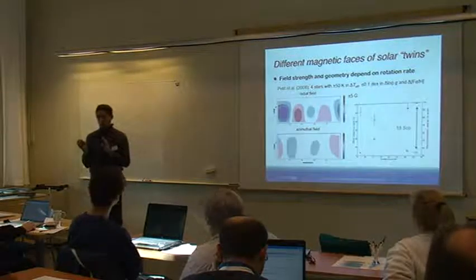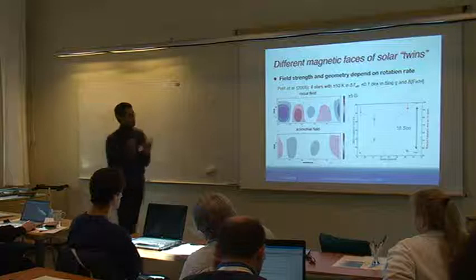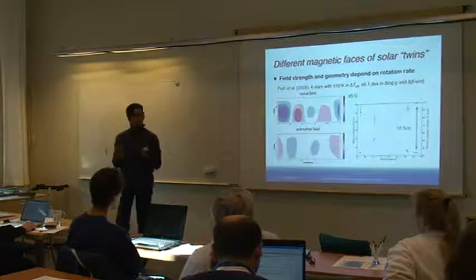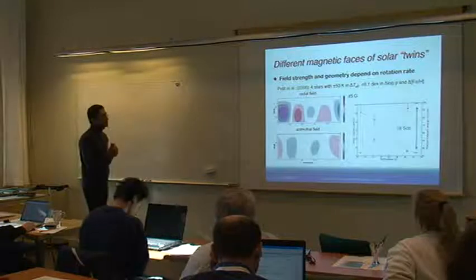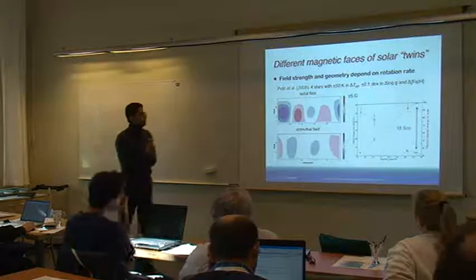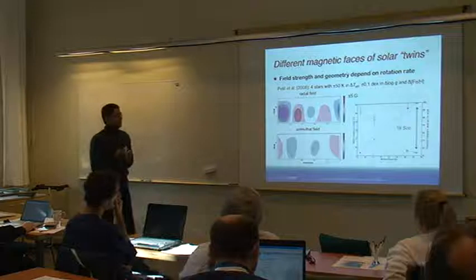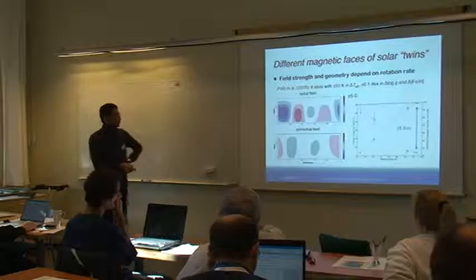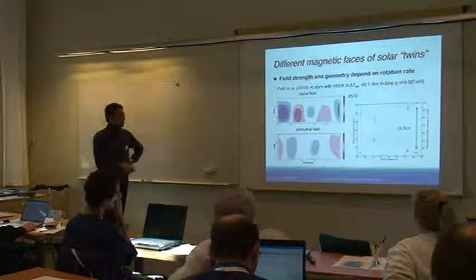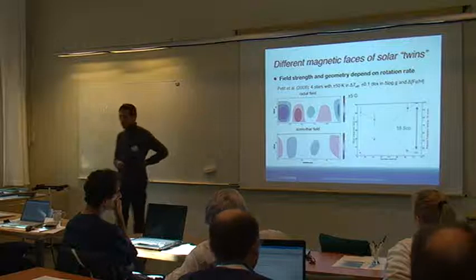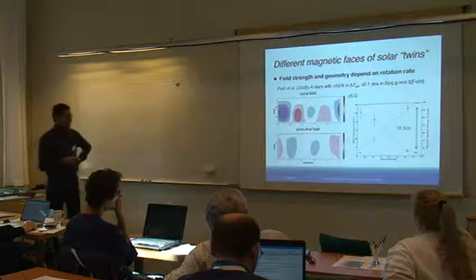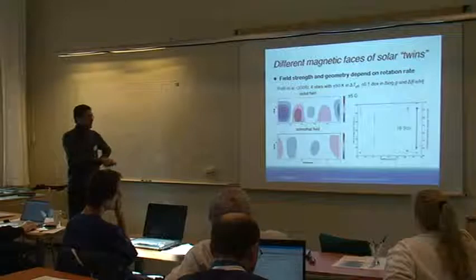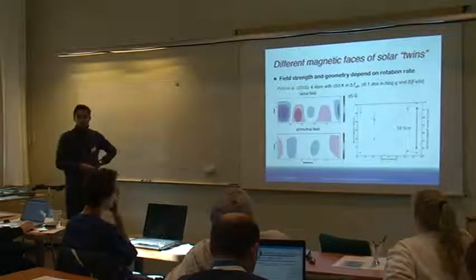That is, stars which are very close in parameters to the Sun, like temperature within 50 K and log g within 0.1 dex and similar metallicity. This is, for instance, the radial and azimuthal field reconstructed for a well-known solar twin, 18 Scorpii. And the scale here is just plus minus 5 Gauss.